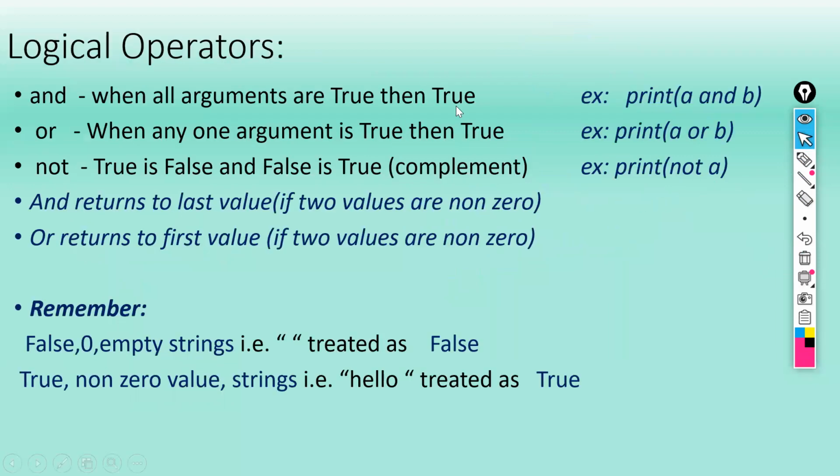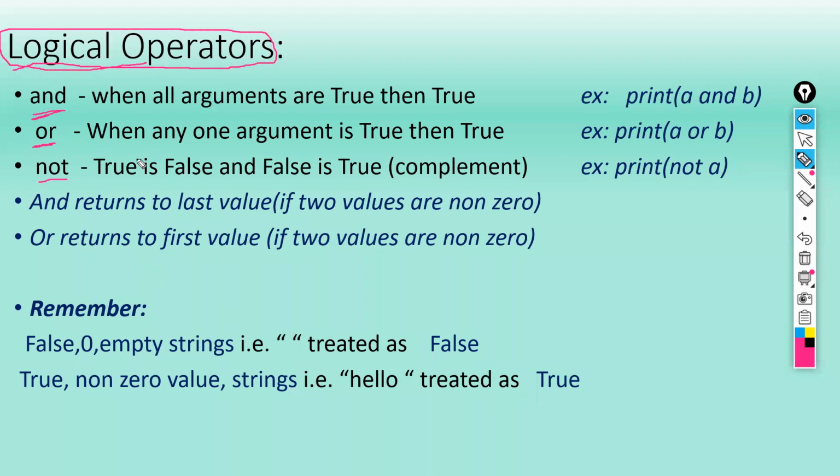And next one, logical operators. While we are dealing with Boolean things, Boolean algebra, you are aware of that. And what happens here? The and operator, or operator, not operator. Remember, these are logical operators, not bitwise operators.